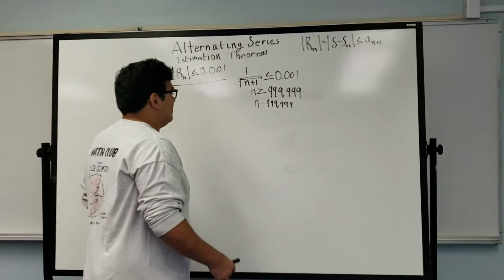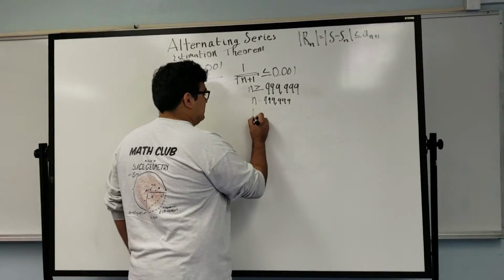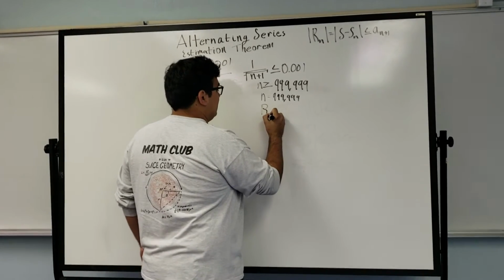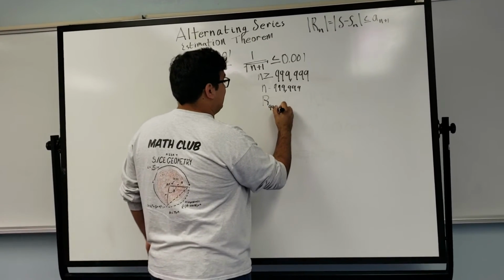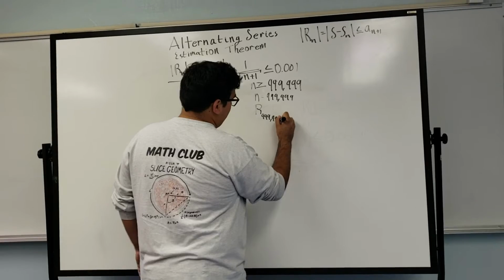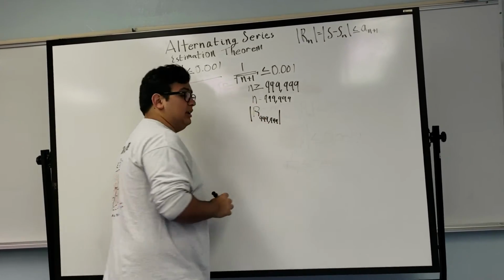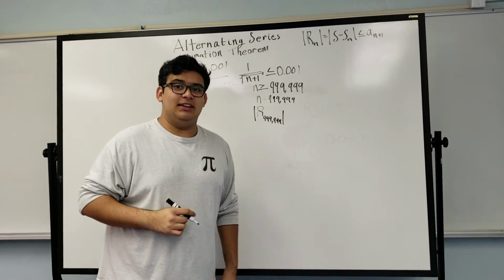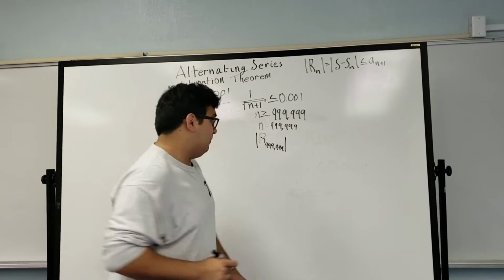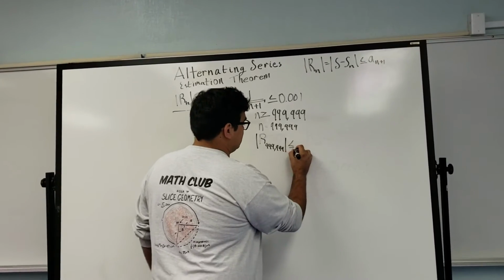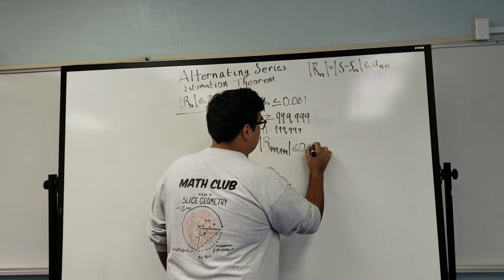Okay, so what this tells us is the remainder of the 999,999th partial sum will be less than or equal to 1,000th.